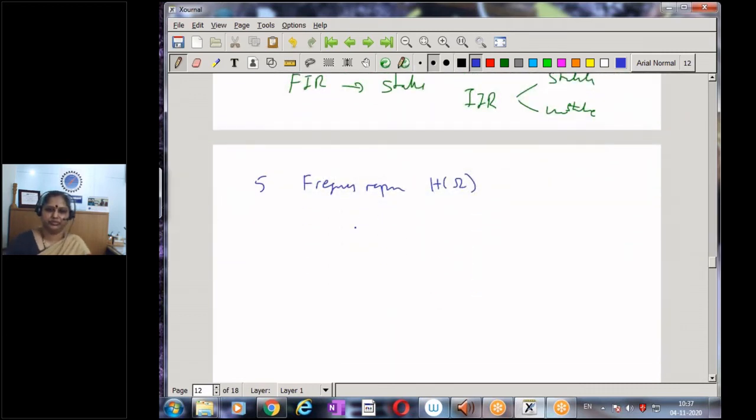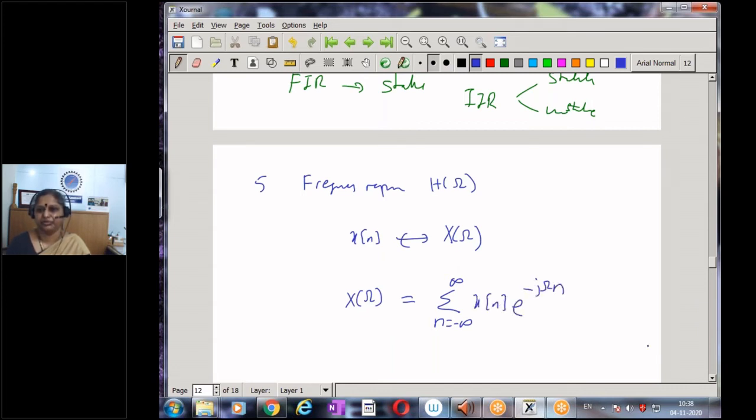So in general, if we are given a sequence x[n], it has a frequency response X of omega. By definition, the frequency response of a discrete time sequence is given by the sum from n equal to minus infinity to infinity of x[n] e to the power of minus j omega n.